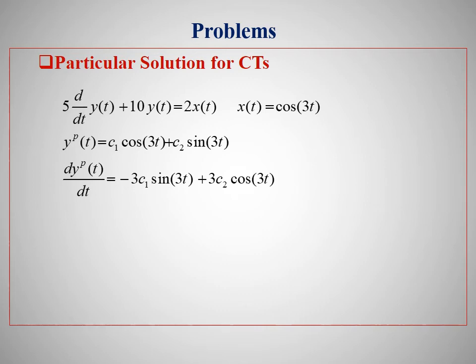And now let us try to obtain dy of t by dt. It would be obtained as minus 3c1 sin 3t plus 3c2 cos 3t.